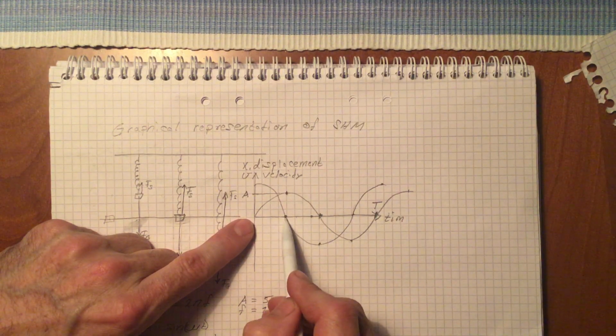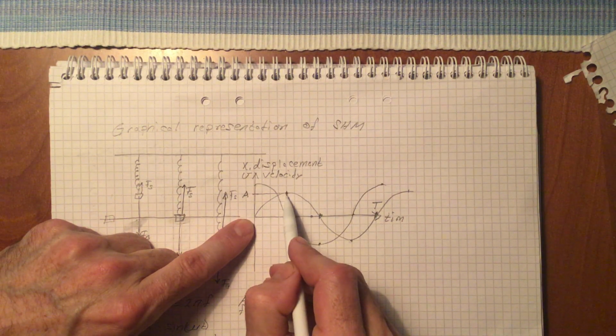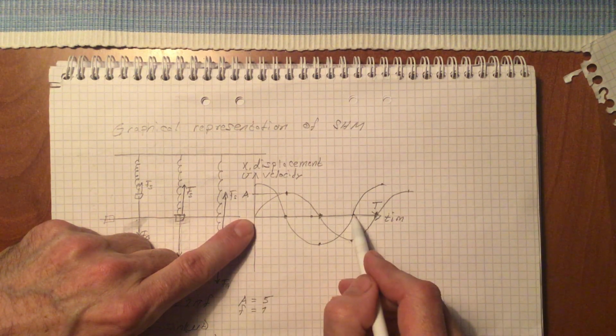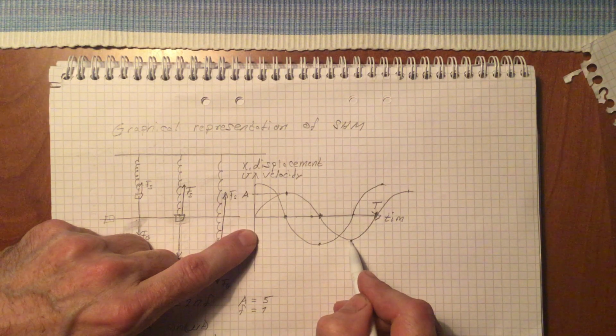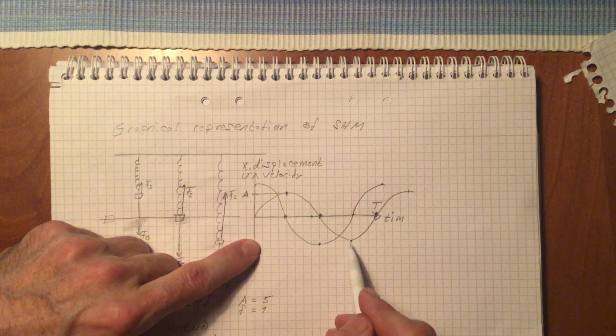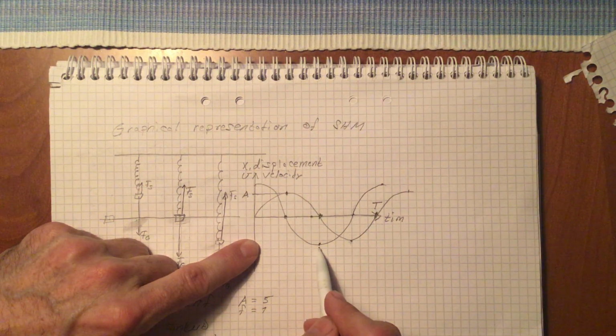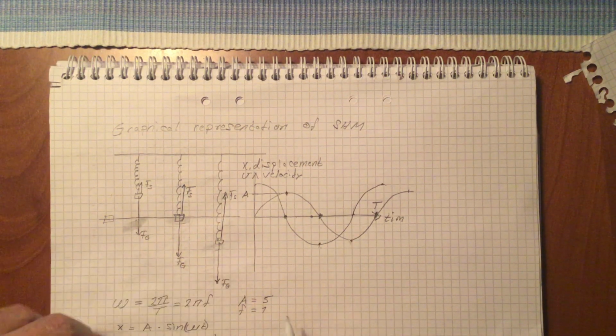After 1 second the displacement is the amplitude, the maximum height. After 3 seconds the displacement is the negative amplitude. The velocity after 3 seconds is 0. The velocity is at its maximum with negative sign after a half time period, and so on.